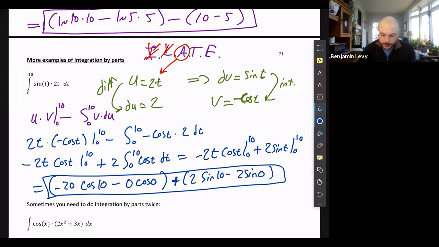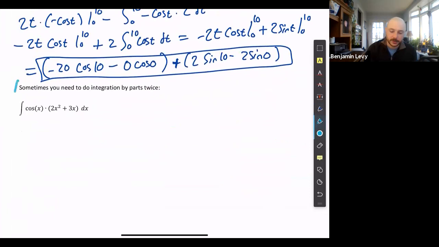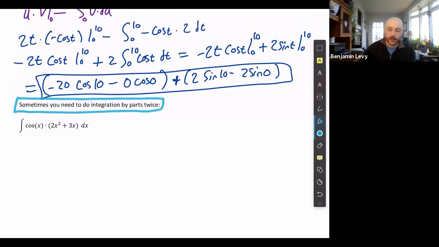Okay. So the last one here just sort of points out that, hey, sometimes you actually need to do integration by parts twice, unfortunately. This is where maybe John will get off the wagon of integration by parts. That's where it can be kind of tedious, to say the least. Let me actually point out the last one.